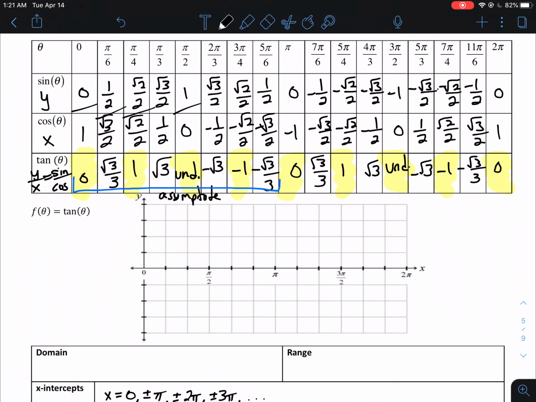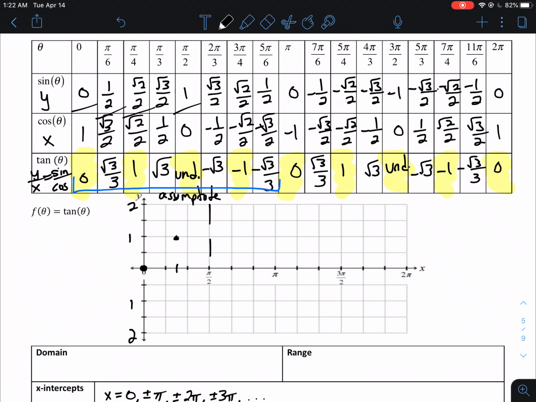So graphing these, our first one we had was at 0 and 0, so we're going to have a point right here. And then at pi over 4, which will be halfway in between, we're at a y value of 1. I'm going to count by half numbers this time, so I'm going to put 1 right here. And then at pi over 2, we are undefined.